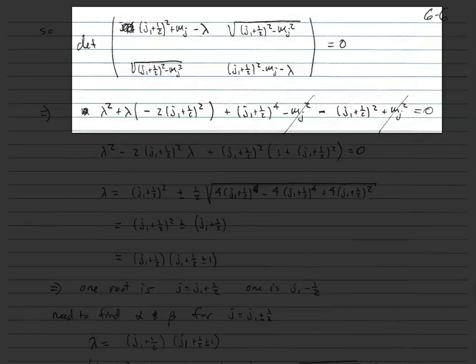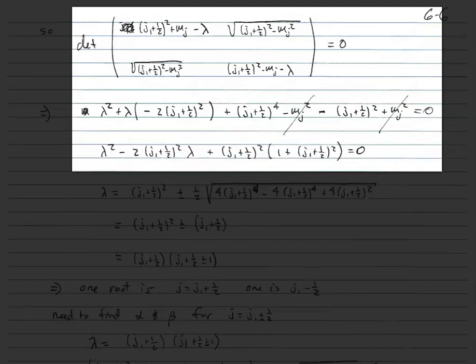And then we get minus MJ squared. And then when we look at the cross terms, we will get the square of that square root. So we'll get minus (J1 plus a half) squared plus MJ squared. You immediately see the MJ terms cancel, which of course they need to because our eigenvalue doesn't depend on MJ. Every state with every MJ has the same value of the total J.